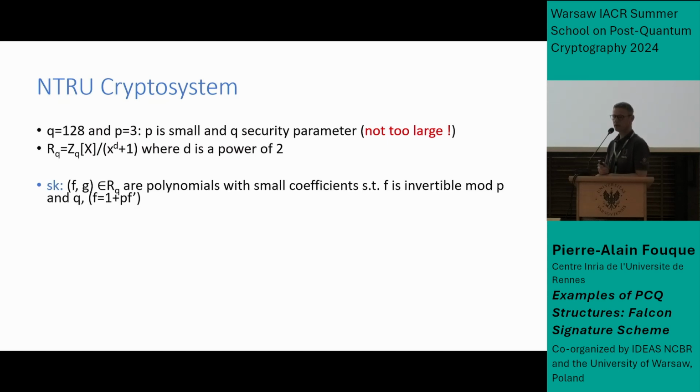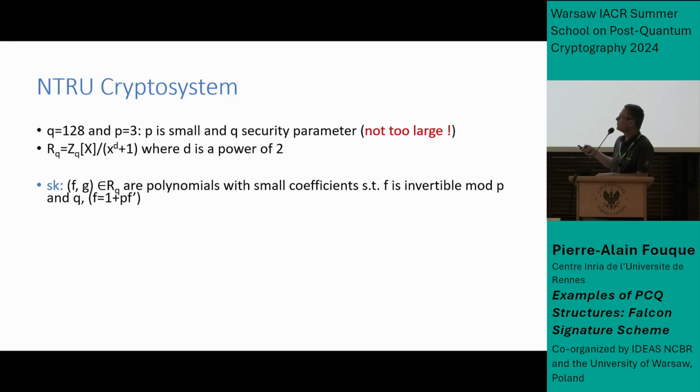And the secret key is two random elements in this ring. And the coefficients of this polynomial are quite small. And f is also invertible mod p and q. Okay, so you can think that f can be generated like this. In fact, p is very short, for instance 3.